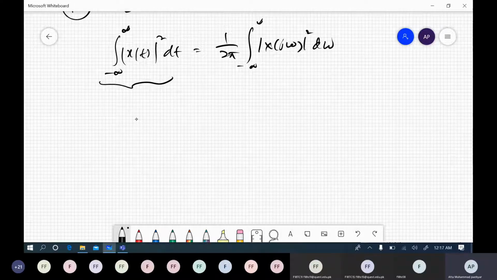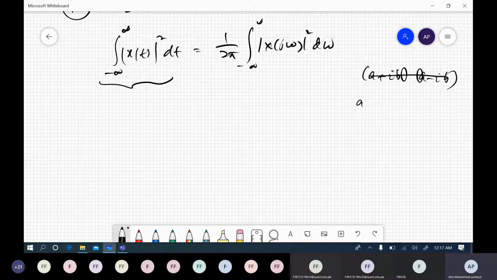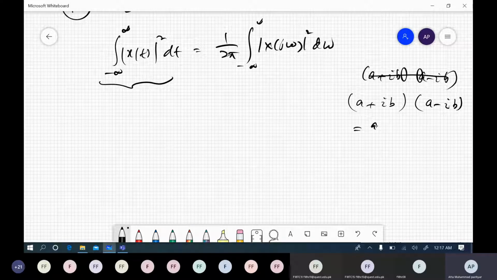What we can do first of all is remember that if we have a plus ib and a minus ib, a plus ib is a complex number, and another is a minus ib. What must be the output of this? A square plus b square, right?